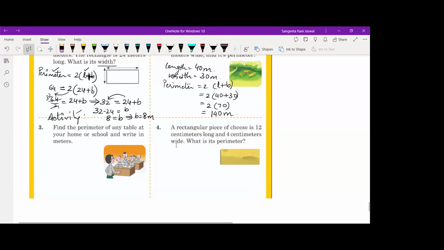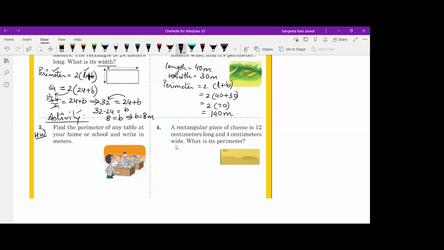Okay, do the next. Leave question number 3 for now. Take this question for homework, this activity: find the perimeter of any table at your home or school and write it in meters. So whatever study table you have at home, you will find its perimeter and write it in meters.